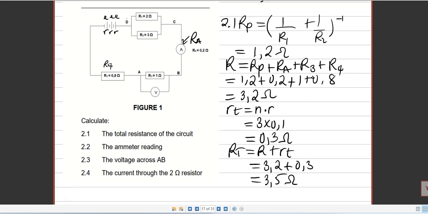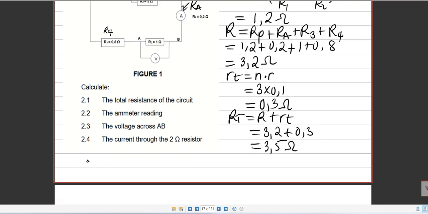So someone will say maybe these steps are very exhaustive, they're too long. The alternative is literally just substituting everything into the formula for R total.